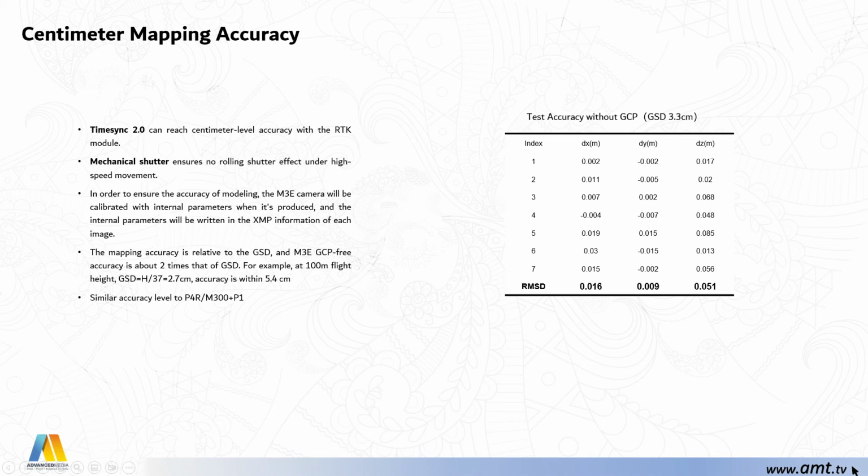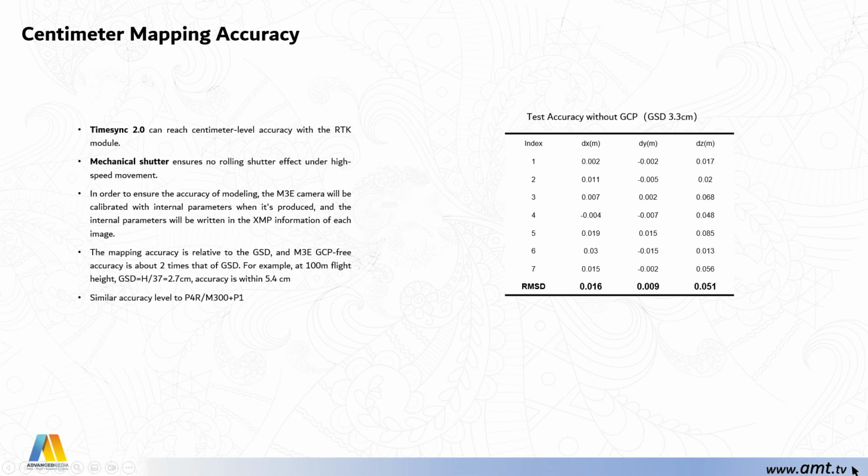And since we are doing the surveying, we can now get centimeter-level accuracy, because the drone has the time sync system that will help in achieving this. And we have the mechanical shutter, as I told you, to avoid any distortion of the photo.